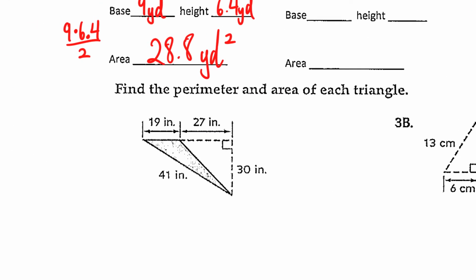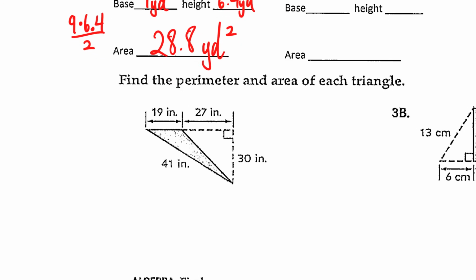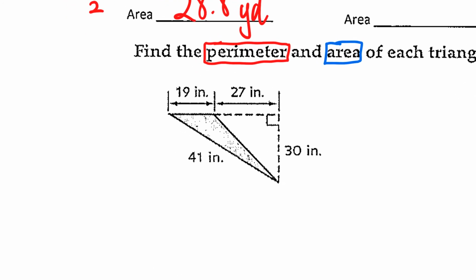Okay. Next one, like yesterday, we're going to find the perimeter and we're going to find the area for each one of these. To start off with the perimeter, on yours it shows up a lot better than what mine looks like up here, but for the perimeter of the shaded one, I'm looking for this right here. Now, I know how long this side is. How long is this side? 19.